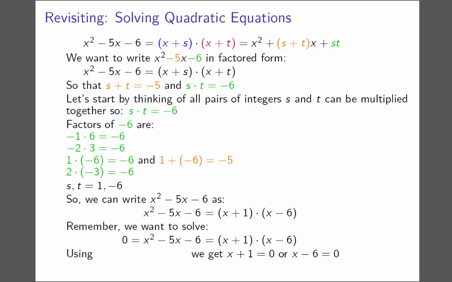So either x plus 1 is 0, or x minus 6 is 0. And if x plus 1 is 0, then x is negative 1. And if x minus 6 is 0, then x is 6. So the solutions to 0 equals x squared minus 5x minus 6 are x equals negative 1 and x equals 6.